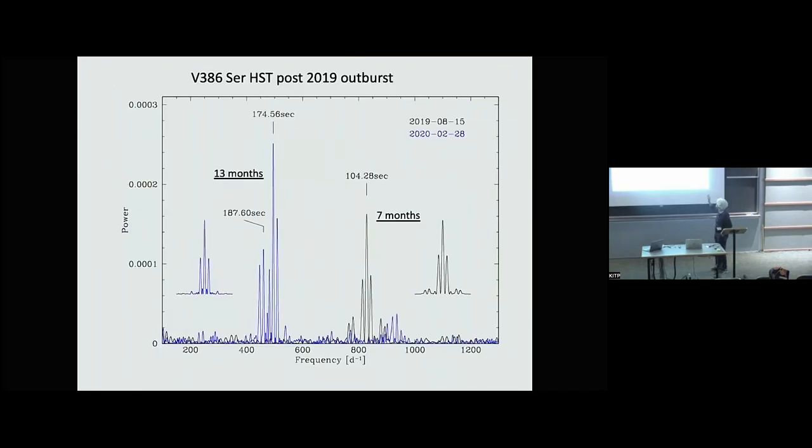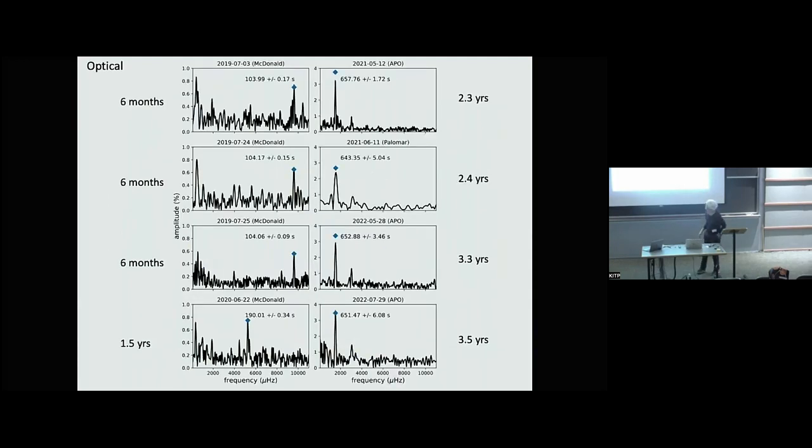Pulsation periods shortened, 104, 13 months, 174. And then our optical data now, so this is optical on the left, the first 6 months are typical, the same period as HST was seeing, 104. 1.5 years, it's lengthening to 190, it all looks good.